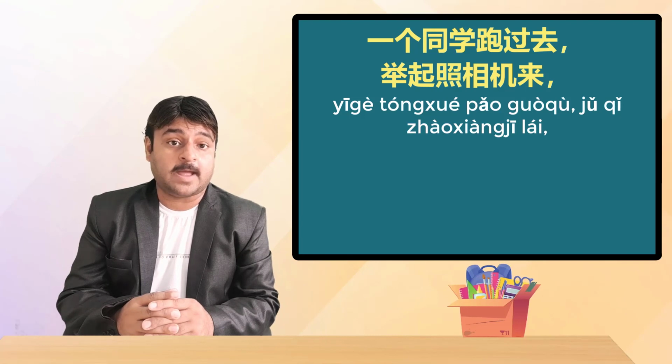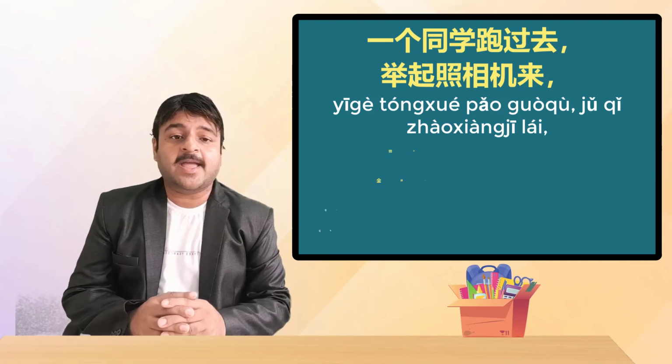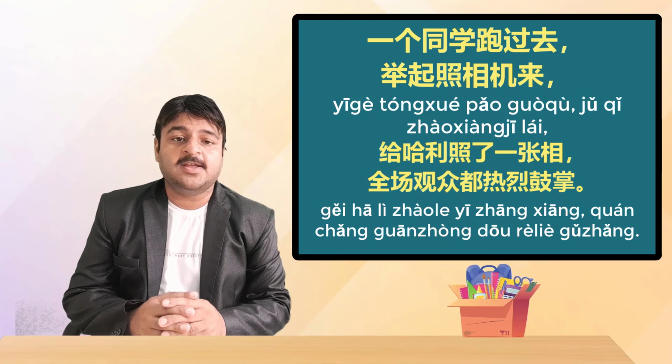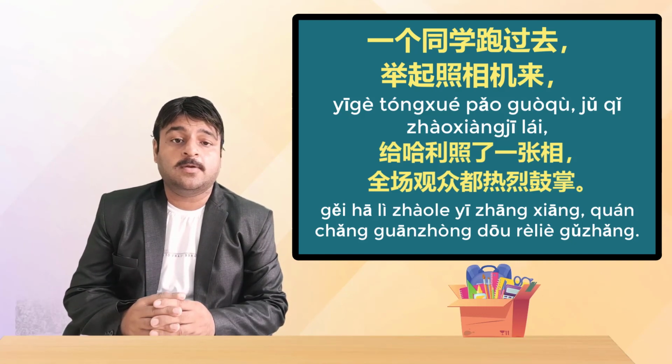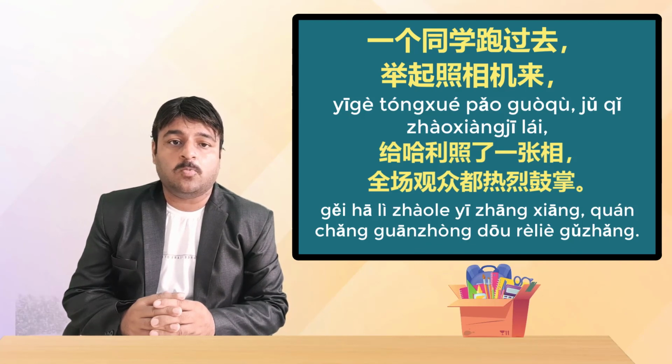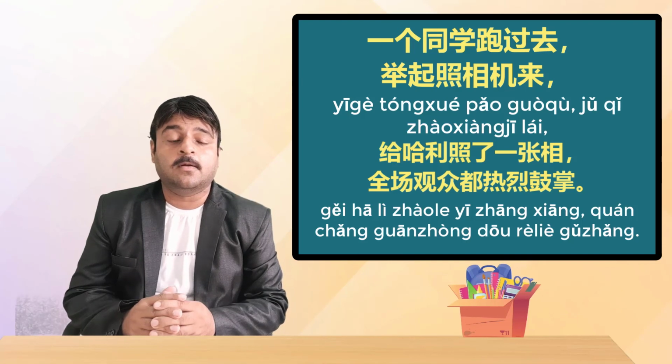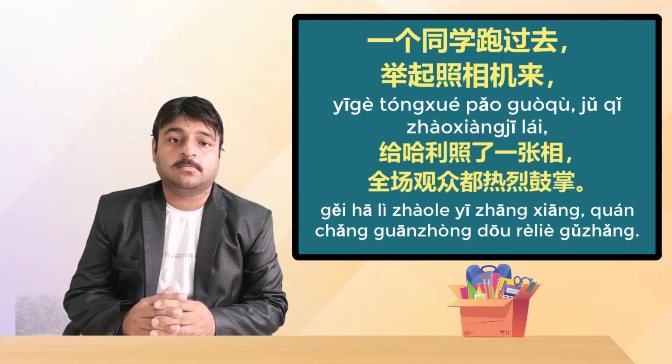He came up holding a camera up. 给哈利照了一张相, gave Hali a picture or clicked a picture of Hali. 全场 the whole stadium, 观众 audience, 都 without exception, so all the audience in the stadium 热烈鼓掌 warmly applauded. So all this audience in the stadium warmly applauded.